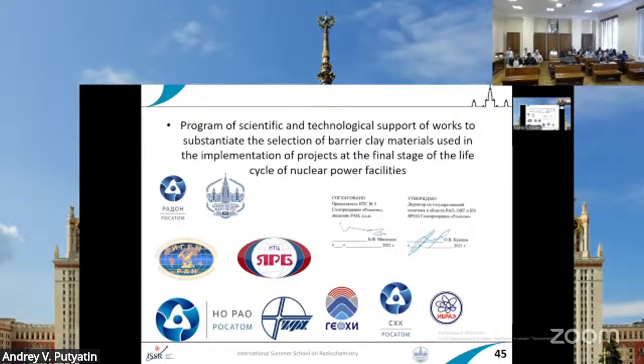for the following task. For example, the ideal situation is when the designer of the future repository or storage of radioactive waste already knows the parameters that the buffer material has to have.